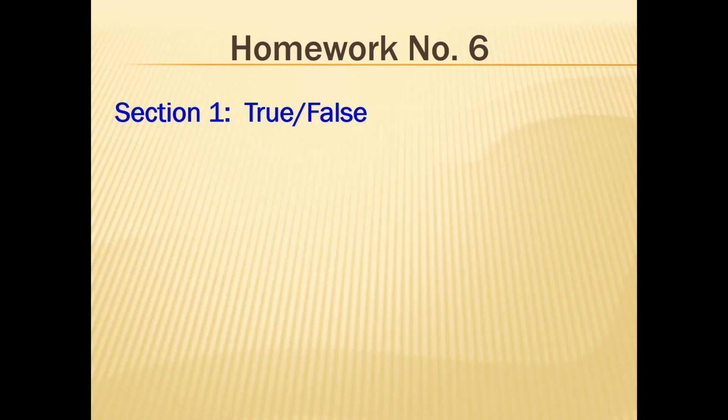So what I'm going to do is go through the questions where one or more persons may have gotten incorrect answers. I'm not going to go through all of them.